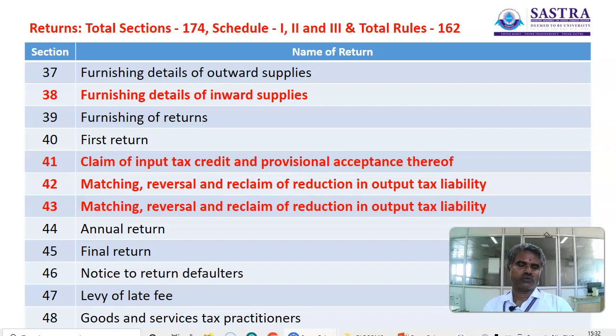They are related to supply, and we have to discuss 162 rules. So 174 sections, 3 schedules and 162 rules. So once we complete all, we feel that we have discussed and studied GST well.